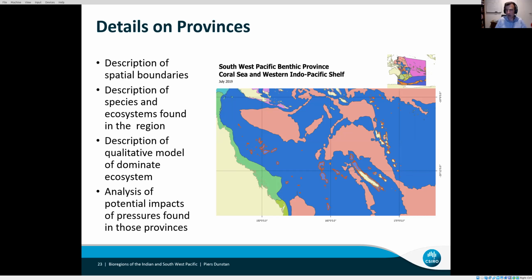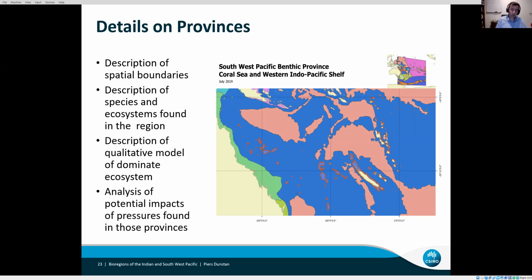Obviously, we couldn't describe all of the ecosystems within a particular bioregion, but what we did as part of this work was talk to the people that were from that area and ask them what was the most important ecosystem in that area, and then worked with them to describe that ecosystem, all the different components associated with it, and the different sorts of pressures that we ended up seeing coming in on those components.